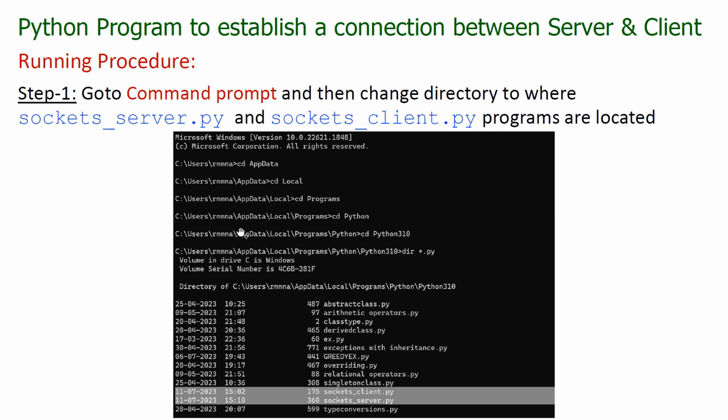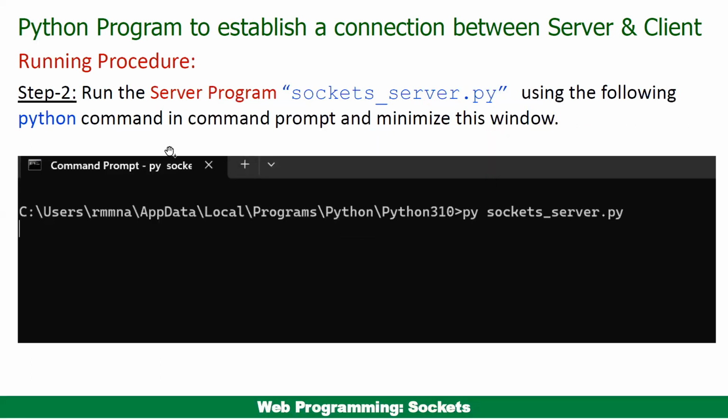Okay, after that, what we have to do? We have to run the server program first. In the command prompt, here you can see below, suppose C colon so and so, this is the path. Here my file name is sockets underscore server.py. So prefix with the Python launcher, the command py space sockets underscore server.py.